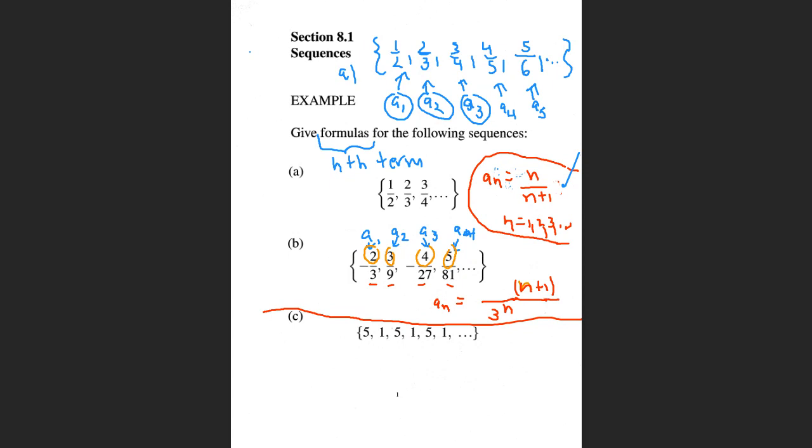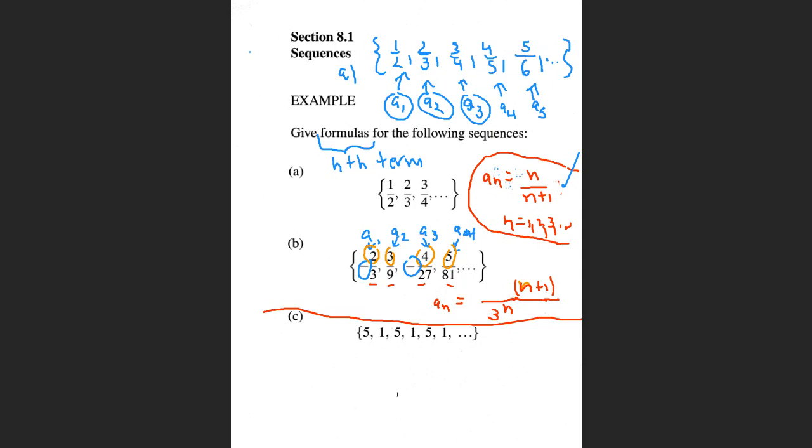But now we have to worry about these signs. The first term is negative, the second term is positive, the third term is negative, the fourth term is positive. It seems that the odd terms, the first term, third term, fifth term, seventh term, are negative, and the even terms, the second term, fourth term, sixth term, and so forth, are positive.